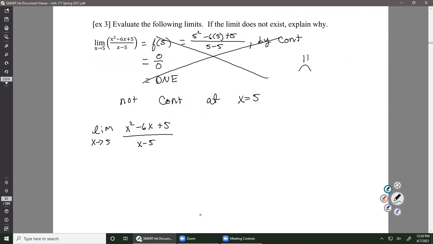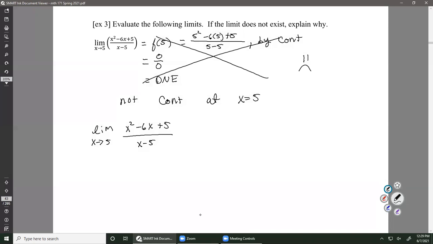This is how you would do it if I told you can't do a t-chart. Looking at that top, what could we possibly do to it? If you're in an algebra class and I gave you something like x squared minus 6x plus 5, what would be your first instinct? Yeah.